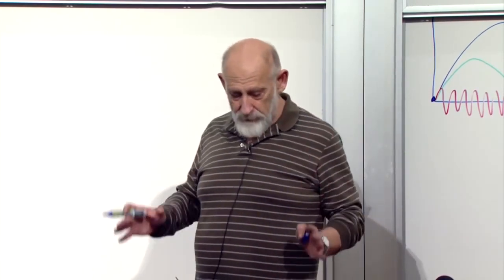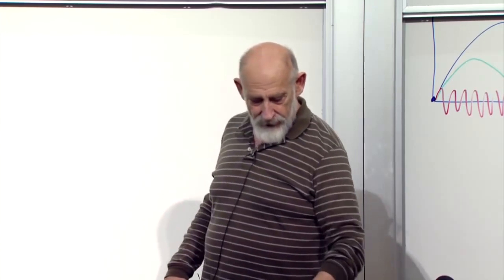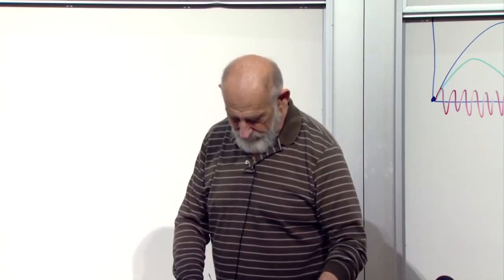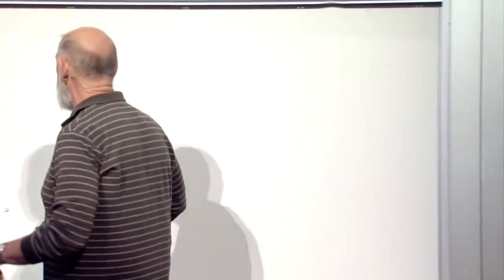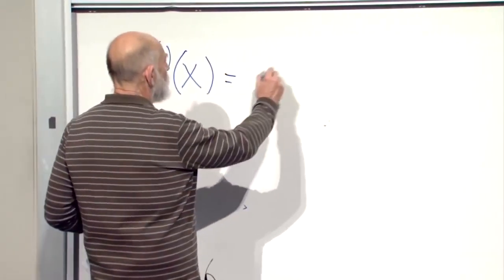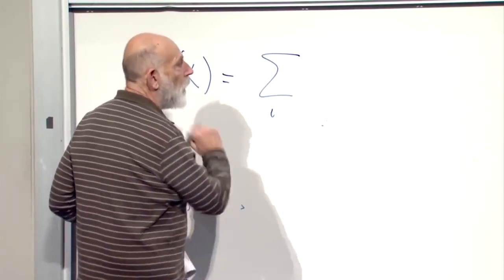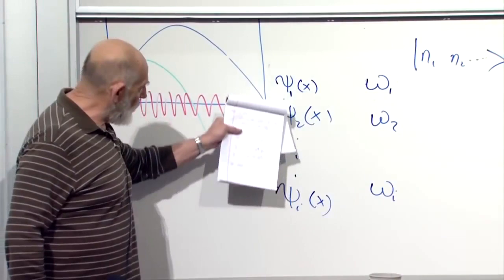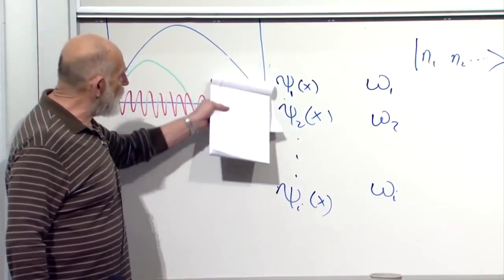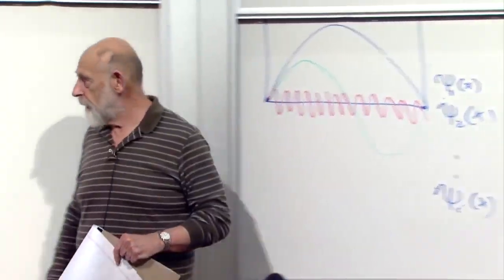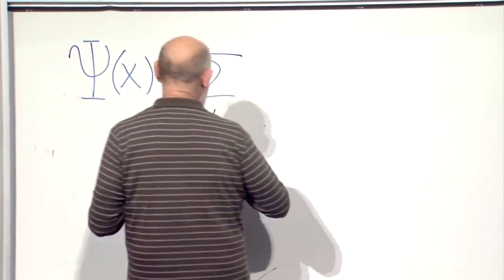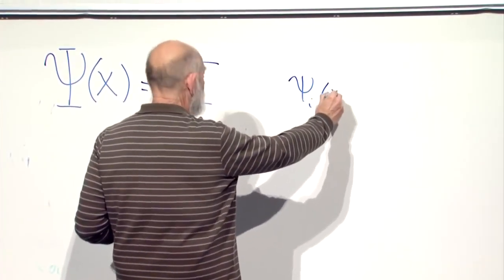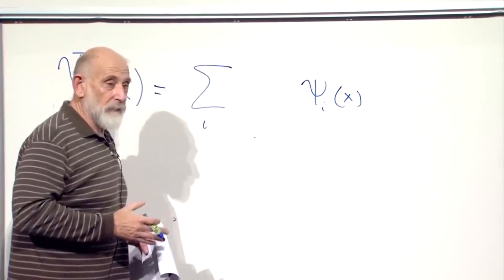Okay, the quantum field psi of x. It's just a very short definition. It's equal to the sum over all of the single particle wave functions, sum over I, a contribution for each one of these states. It contains psi I of x, the single particle wave function.